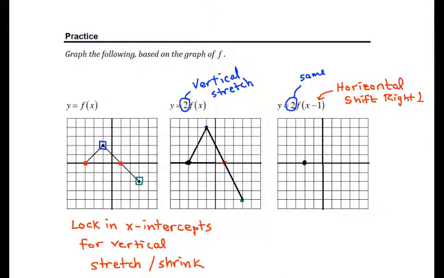I can kind of draw a little shadow, right? Sometimes these shifts are a little bit easier to do on the same grid first, and then see where we are and redraw the whole thing on our new grid. So this looks like it starts here, comes up to 0, 4 on the y-axis, and then drops down to this point down here in the corner. And this is my graph after both stretching and shifting.